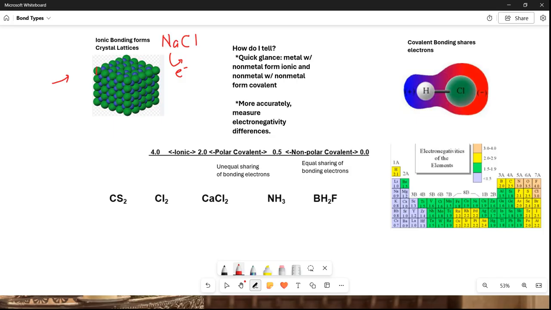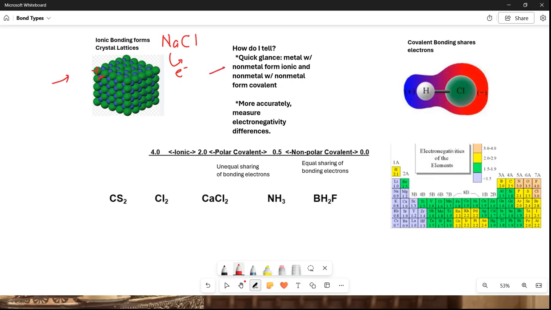One of the atoms, let's say the green one, forms a positive charge, like the sodium when it gives one electron away, and then the little blue one, which is hard to see here, is going to be negative. So chlorine gaining an electron is going to be negative, and then they attract in all directions and form a crystal lattice.